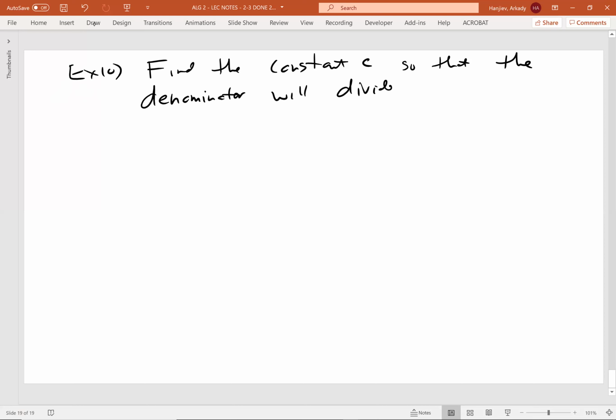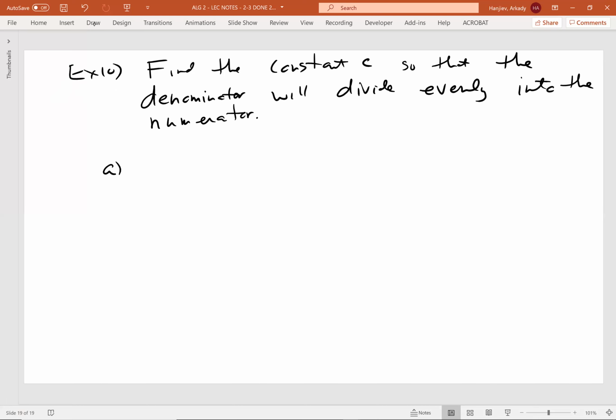Find the constant c so that the denominator will divide evenly into the numerator. We've got some fractions here in our hands. So boom, we'll finish with this one.